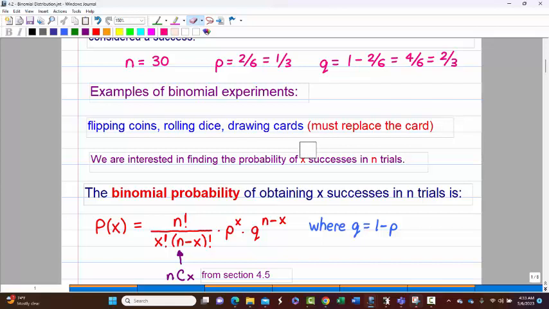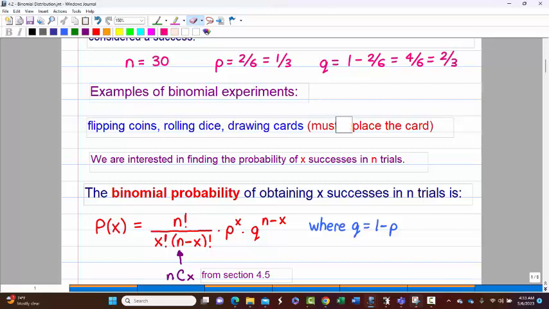Other things would not be, like rolling dice or flipping coins, or let's say, if you were guessing questions on a multiple choice test and you're assuming that one question does not depend upon the other, that would be binomial.